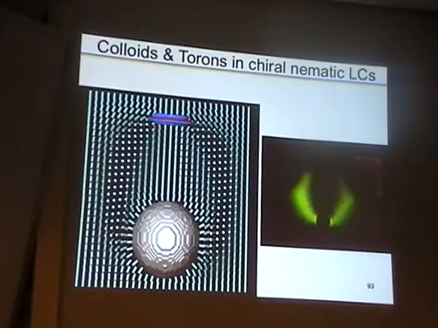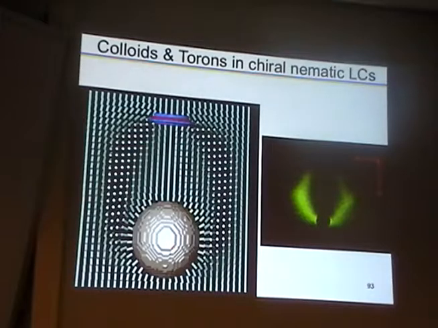And then we have a point defect or loop on the other side of the cell. So again, the net topological hedgehog charge corresponding to a loop of such double twist cylinders, this is essentially what this is, it's homeomorphic to it, is equal to 0.